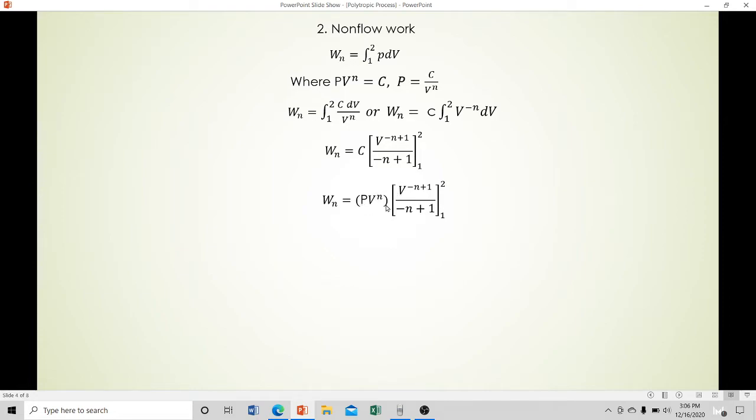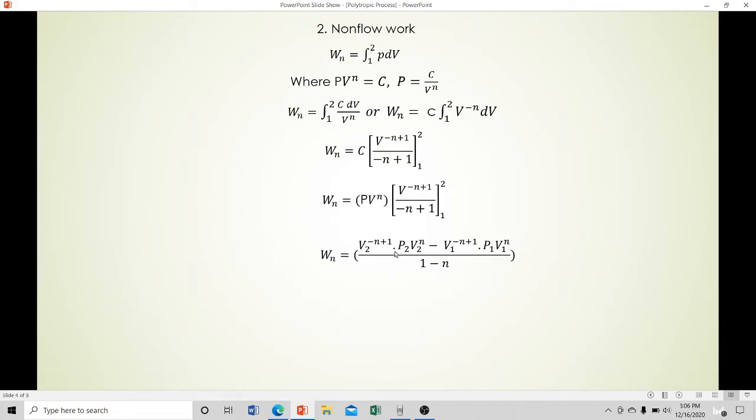Or your work non-flow, if we multiply this equation to this equation above, we substitute from the upper limit to the lower limit, so your equation becomes V2 raised to negative n plus 1 times P2V2 raised to n minus V1 raised to negative n plus 1 times P1V1 raised to n over 1 minus n.